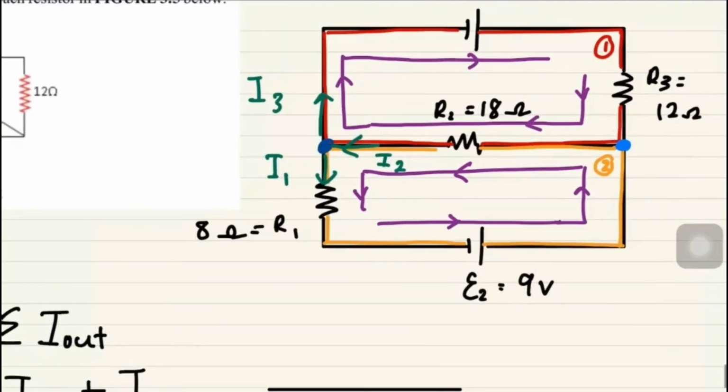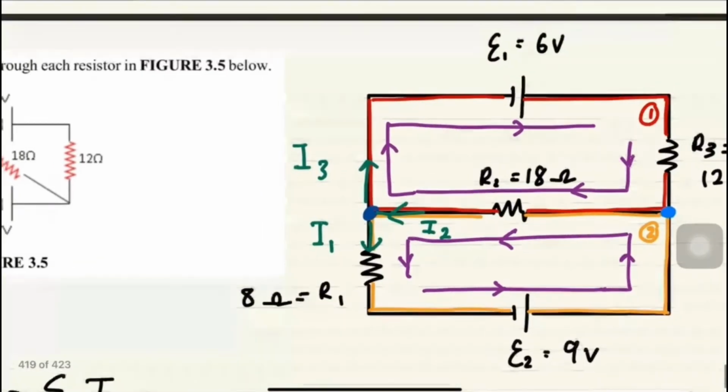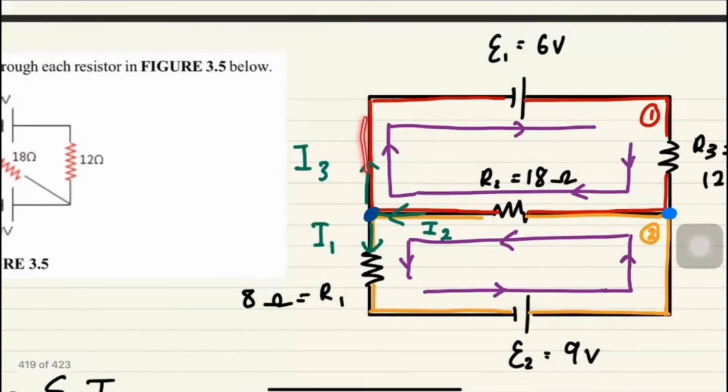Okay, I3 R3. I3, I redrew it just now. This one is actually the same thing. It travels from there in that direction and then enters here. So this one is actually your I3.